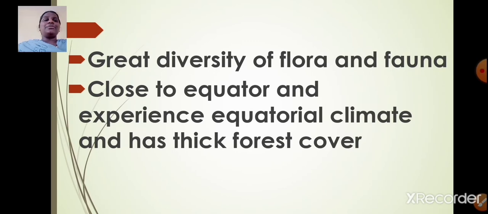Great diversity of flora and fauna. Even in Andaman Nicobar Islands, we can see varieties of plants and animals. As they are close to the equator, they experience equatorial climate, wherein you have humidity and high rainfall. Andaman Nicobar Islands experience equatorial climate and have thick forest cover.